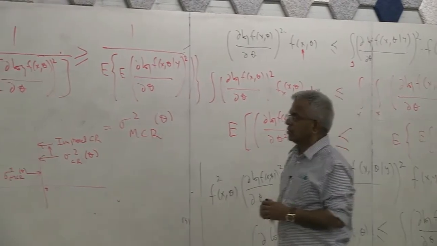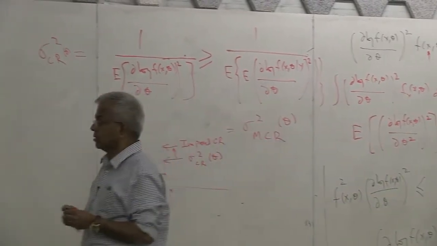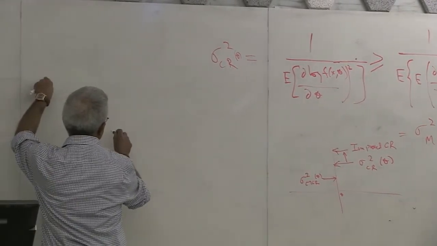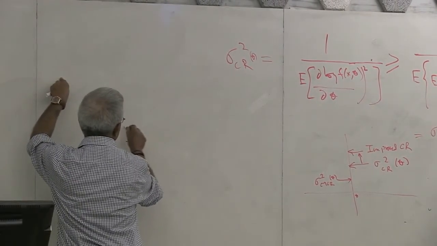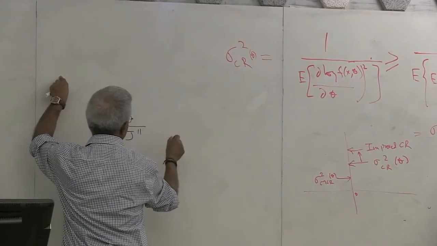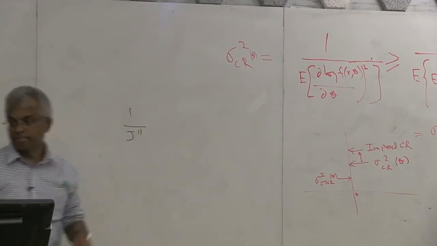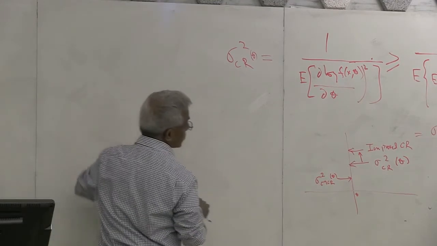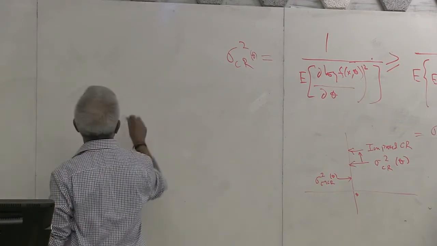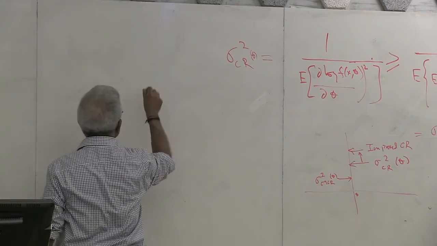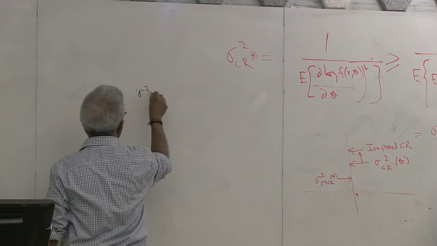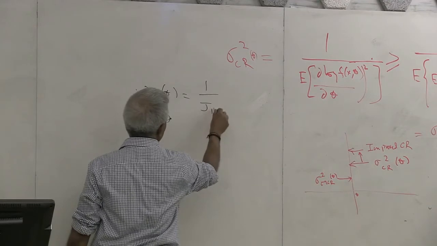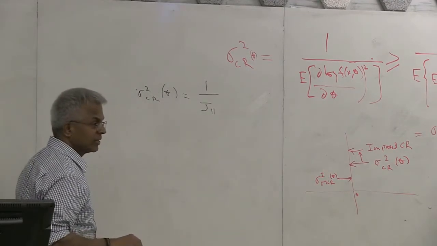No. What was it where sigma squared CR is, now you are confusing me. Let me see, 1 over J11, right? In one case. Yeah.